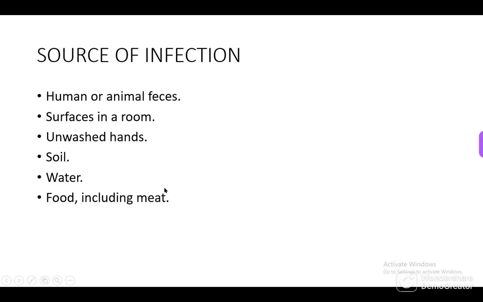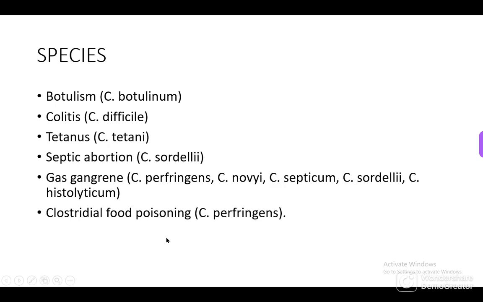Food, including meat, is a very important source, a very good source for the cultivation of these Clostridia species. Clostridium botulinum causes botulism, Clostridium difficile causes colitis, Clostridium tetani will cause tetanus, and Clostridium sordellii will cause abortion, although it is not very common.